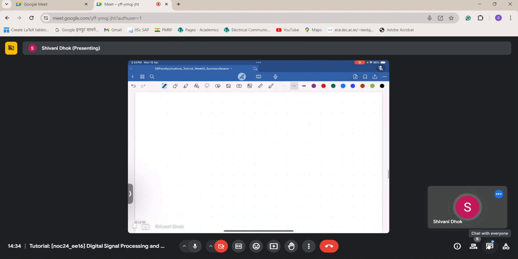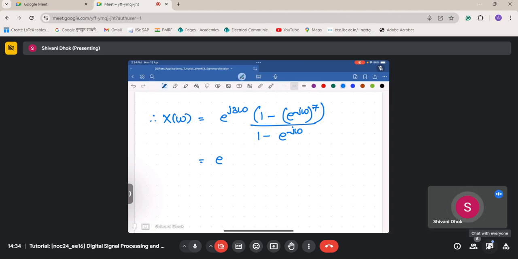Therefore X of omega is equal to the first term into 1 minus common ratio to the power number of terms, divided by 1 minus the common ratio. So this is e power j3 omega into 1 minus e power minus j7 omega, upon 1 minus e power minus j omega.